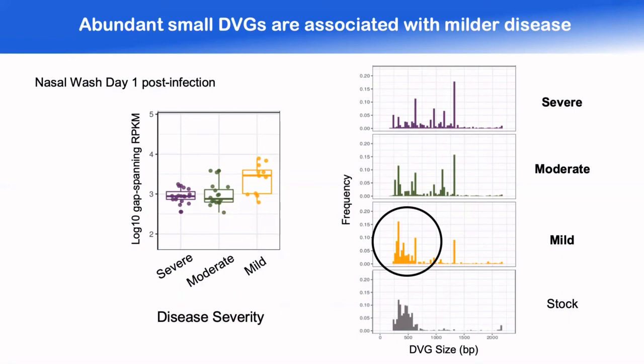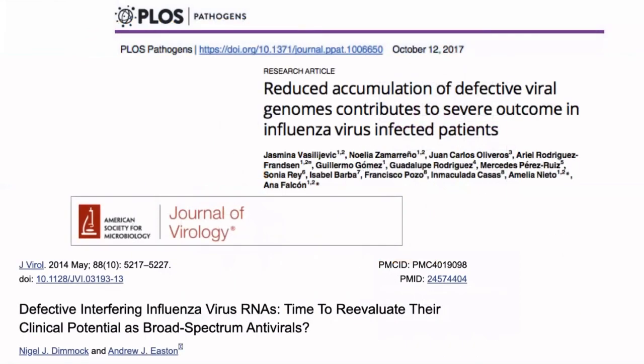And a study a couple of years ago had seen that in flu patients, the severe cases were associated with people who had very few defective viruses in their infection. So more DVGs, you would have a milder infection. Fewer DVGs, you would have a more severe infection.